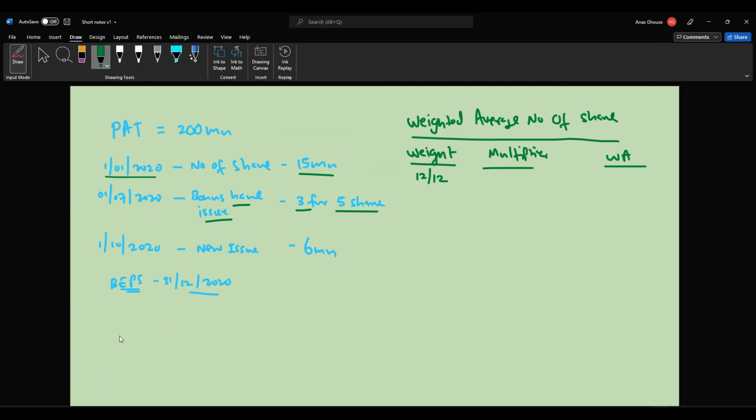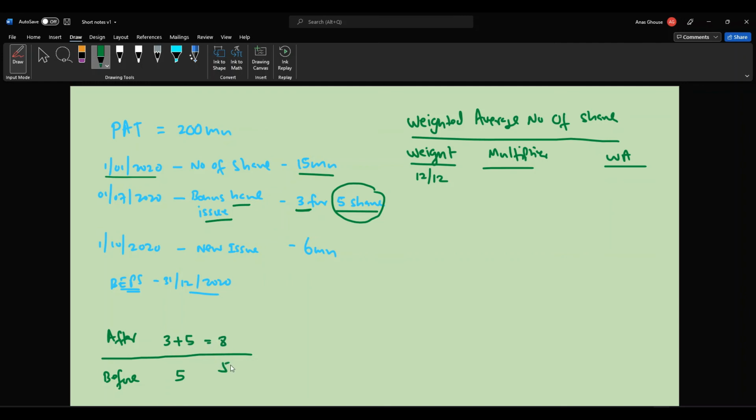So we need to calculate the multiplier. We need to take the number of shares before and after issuing the bonus shares. We had 5 shares. After issuing, you have 3 new shares along with 5, so it will be 8.